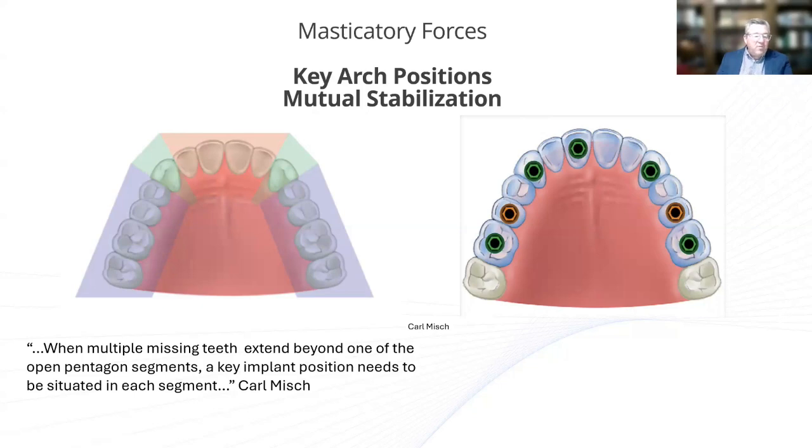So for example, the central and lateral incisors represent one segment, each of the canines represent another segment, and the posterior premolars and molars are another segment. So each segment is essentially a straight line, okay, as you see in the picture here. And they act to protect one another with little resistance to lateral force. And the key here is mutually supported implants.